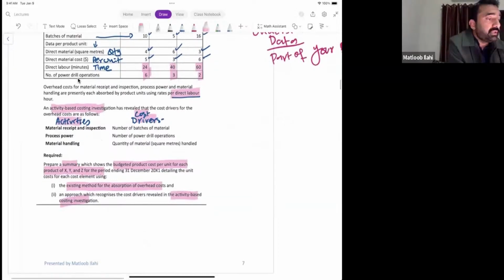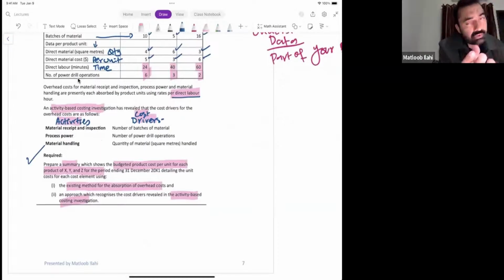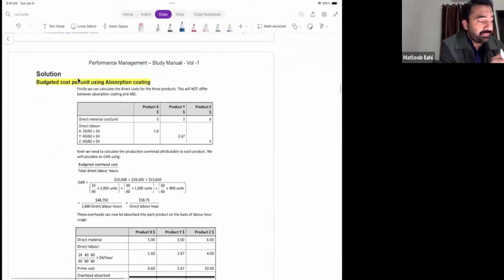And the requirement is that you have to calculate the product cost using existing method and using ABC method of overhead absorption. Okay, so here is the answer.